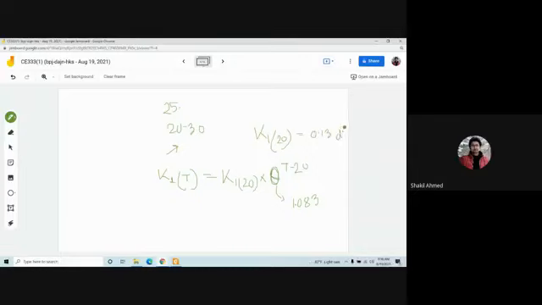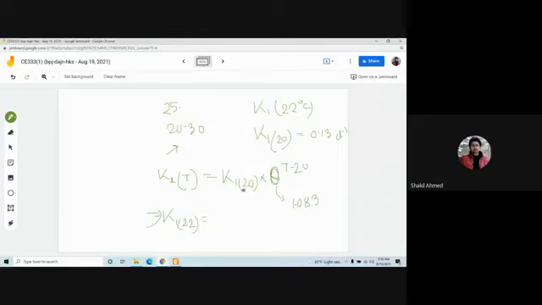The unit is per day. Then what will be the value of K1 at 22 degrees Celsius? You can calculate this from this equation. K1 at 22 degrees Celsius equals K1 at 20.